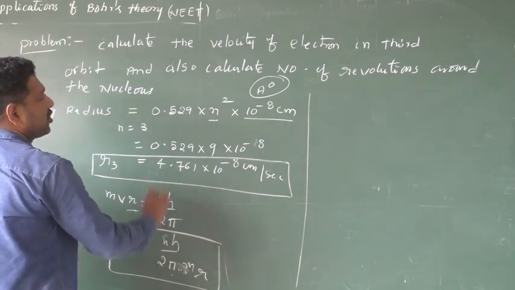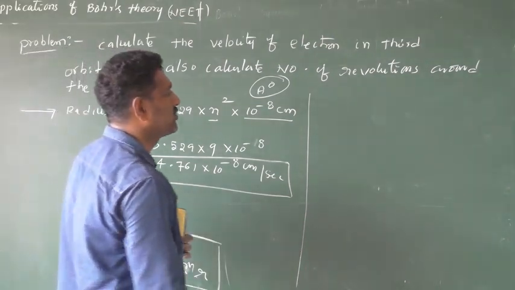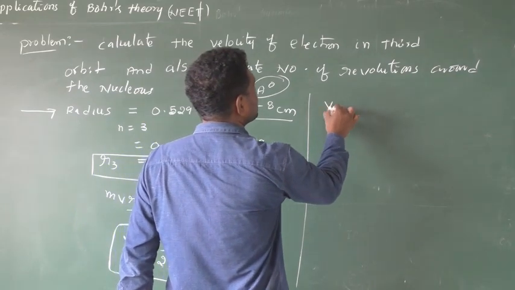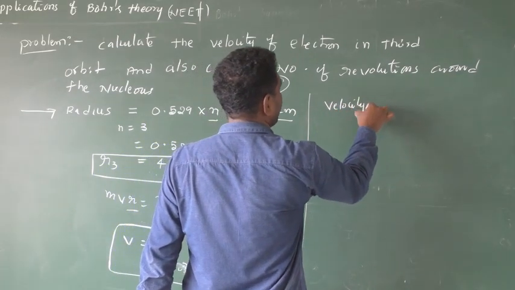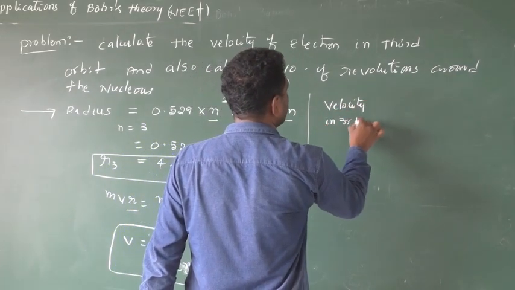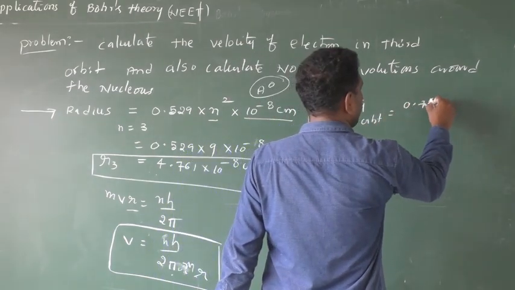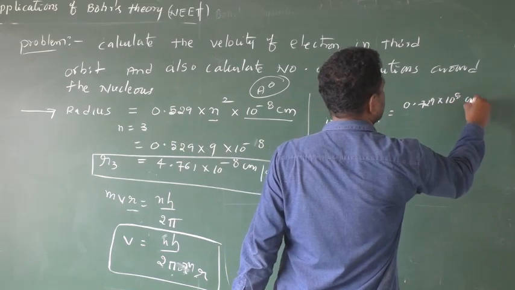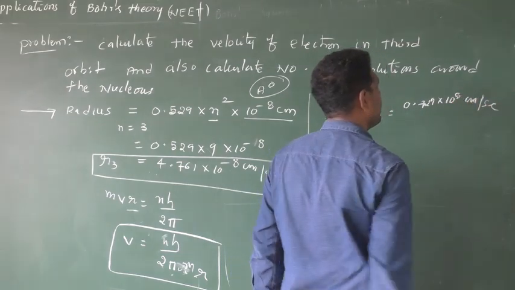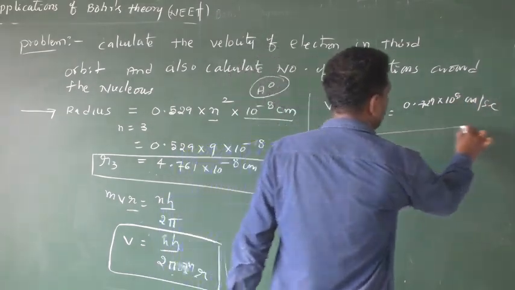R value is calculated. By substituting, we get the velocity in third orbit: 0.729 into 10 power 8 centimeter per second.